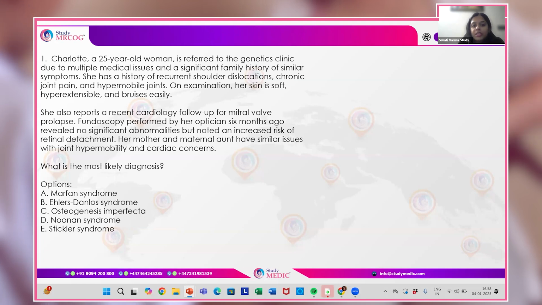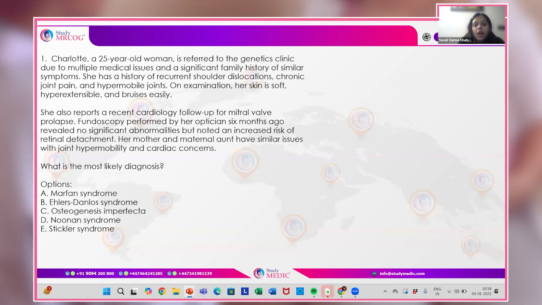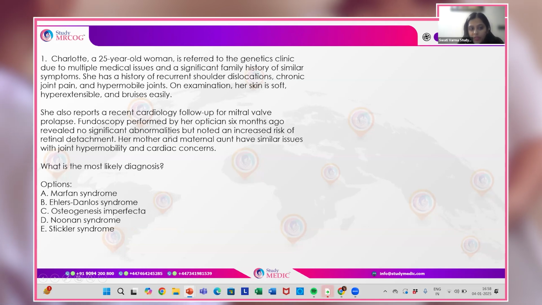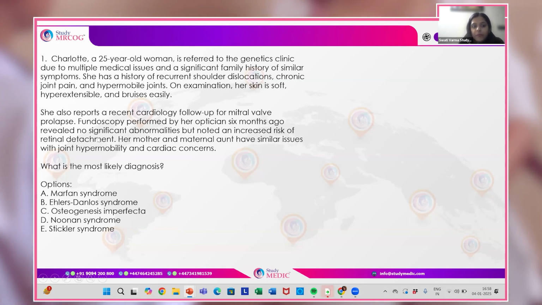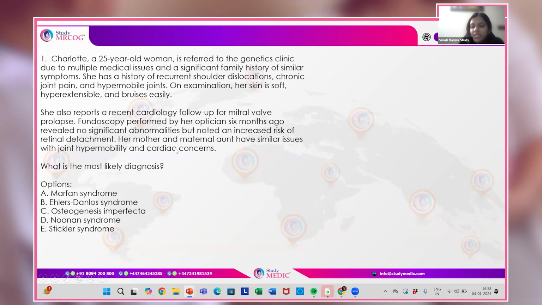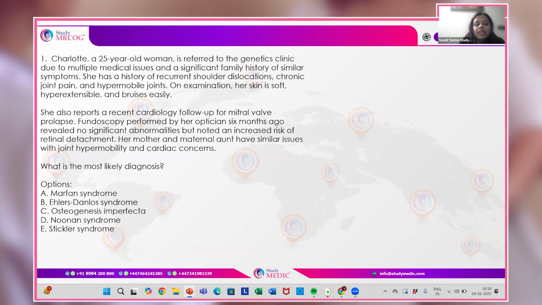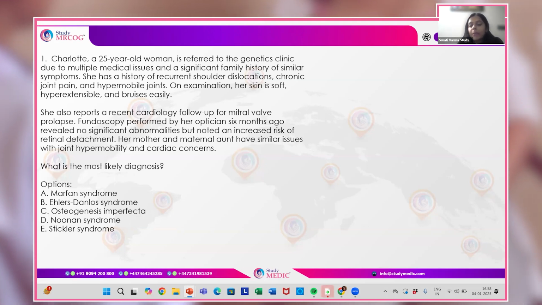Also, she reports a recent cardiology workup for mitral valve prolapse. Fundoscopy revealed no significant abnormalities, but just an increased risk of retinal detachment. Her mother and maternal aunt have similar issues with joint hypermobility and cardiac concerns. So here they want us to tell the most likely diagnosis.